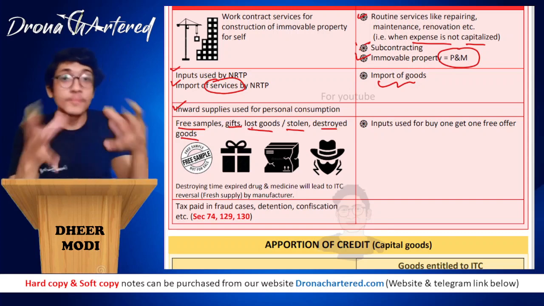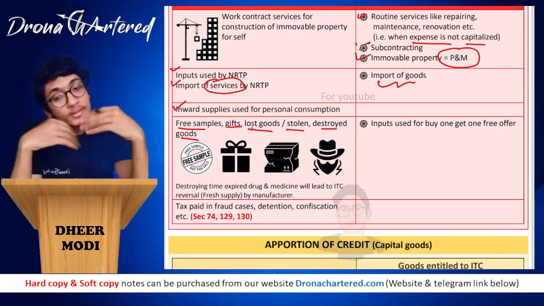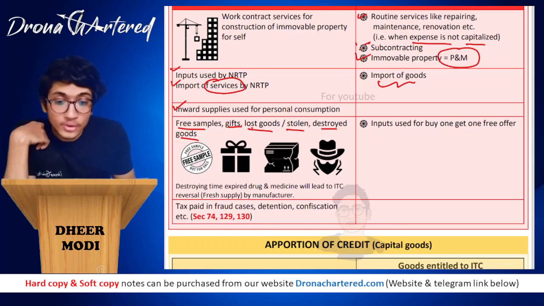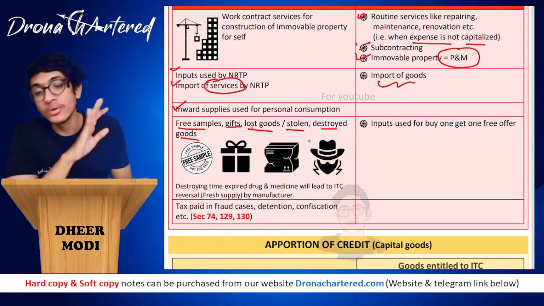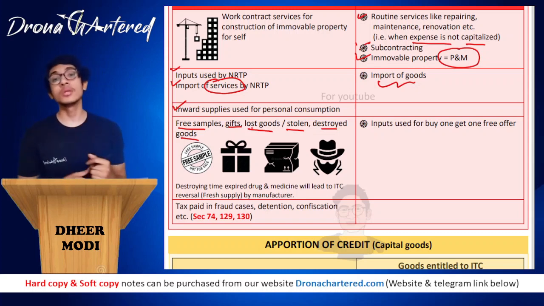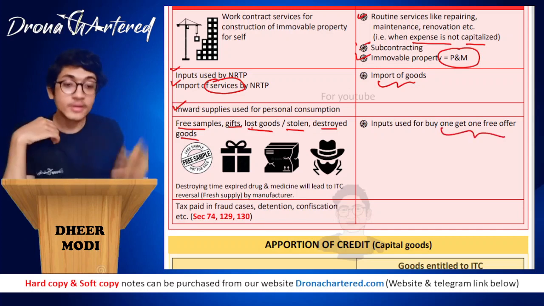All the ITC that you paid on the inputs to make that medicine also has to be reversed. So free sample, gift, lost goods, any stolen or destroyed goods, on all of those ITC will not be allowed because you did not further supply it to the customer. Okay, now credit will be allowed if input used for buy one get one free offer.